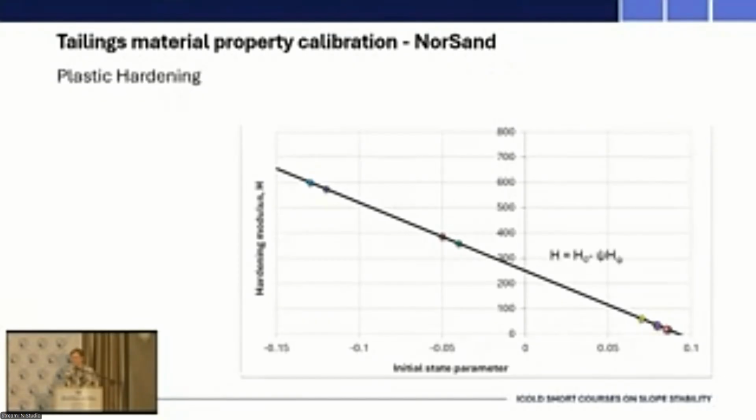And so the plastic hardening of the material is defined by 2 parameters. There's H0 and H psi. And what we can see on this plot is that the hardening modulus for the looser tailings, meaning the tailings with a higher state parameter, is a lot lower than for those dense and dilative samples.